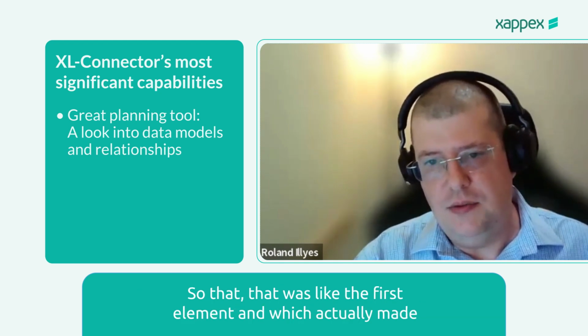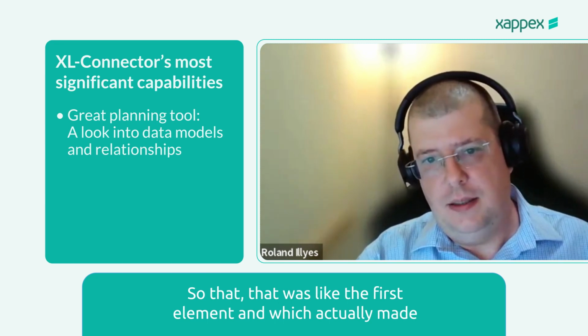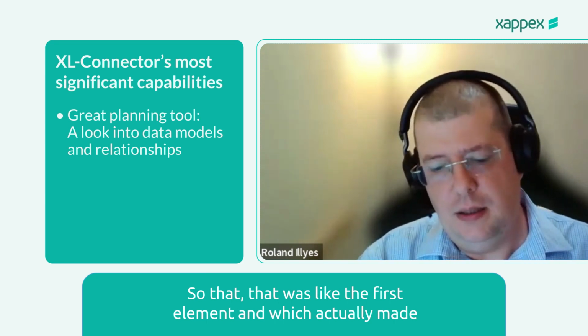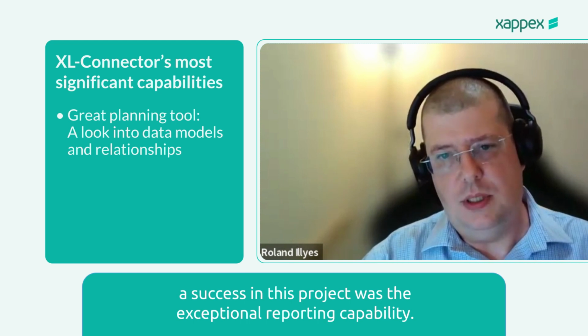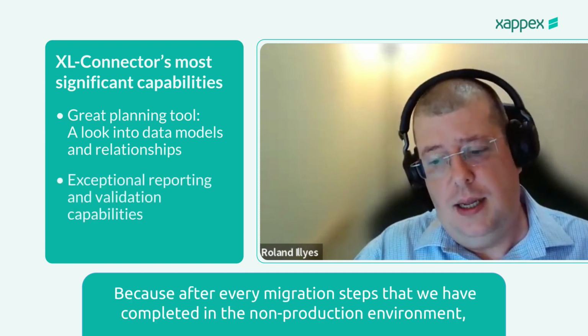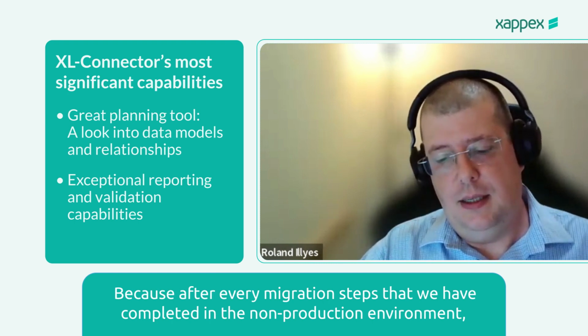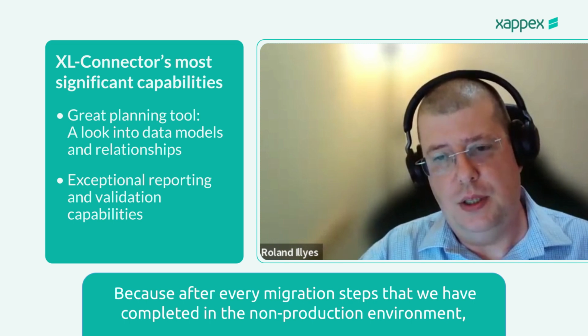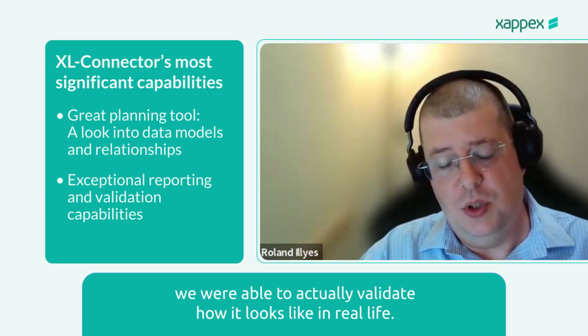So that was like the first element, and which actually made success in this project was the exception report capability, because after every migration step that we have completed in the non-production environment, we were able to actually validate how it looks like in the real life.